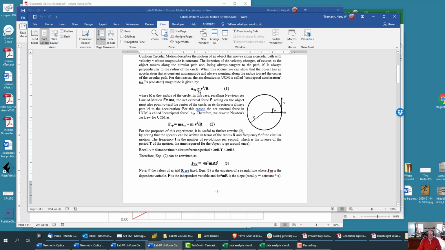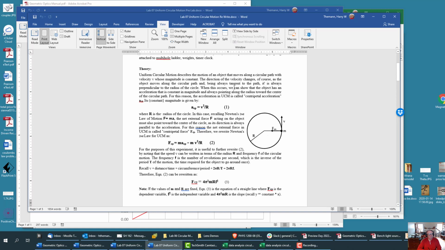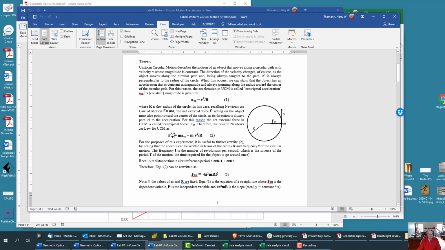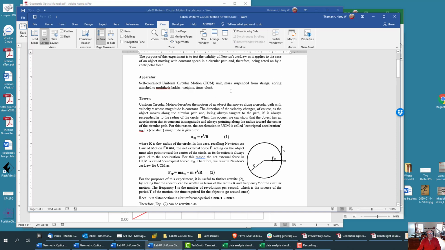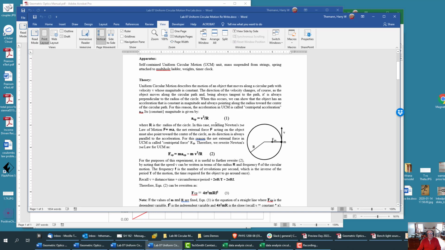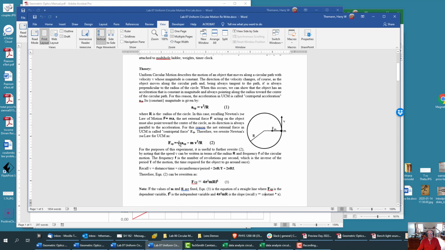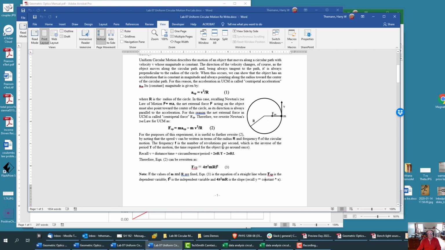So we're going to measure the force centripetal. We're going to assume that it is the mass of this on the hanger, and then we're going to have a spring stretch a certain amount, but we're going to measure it independently. And so we are going to say that the F centripetal is an independent variable.